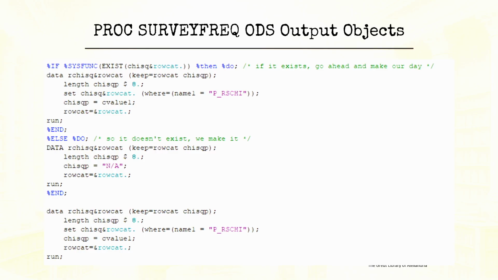If it doesn't exist, you're going to make a dummy copy and you're just going to say NA. So the information that you want to get is just not available. And that will go into your report and you won't get an error because you're going to chug through there and it's just going to say, okay, there was an empty cell and we have this. So that allows you to deal with that little piece there.